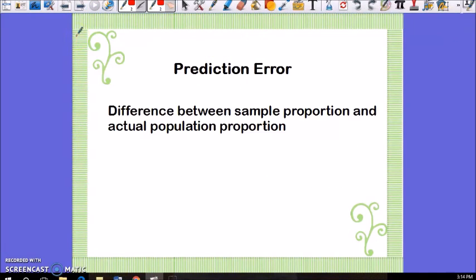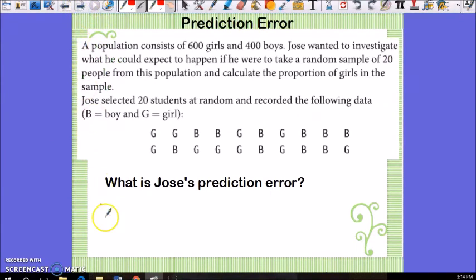So from this, we're going to use the whole population to determine our prediction error. Prediction error is the difference between the sample proportion and the actual population proportion. So we know that the sample proportion was 0.5.